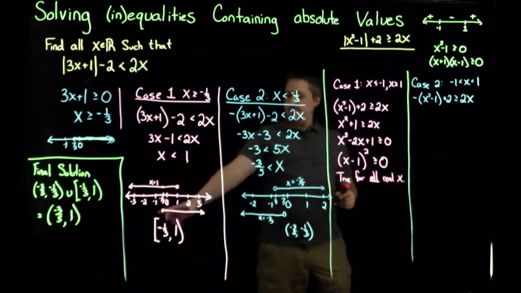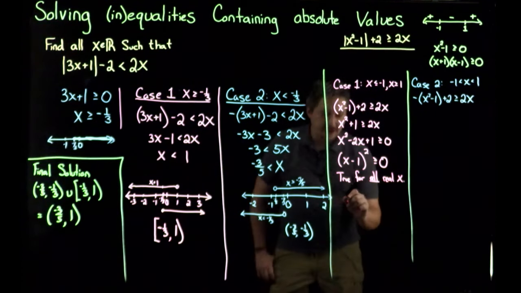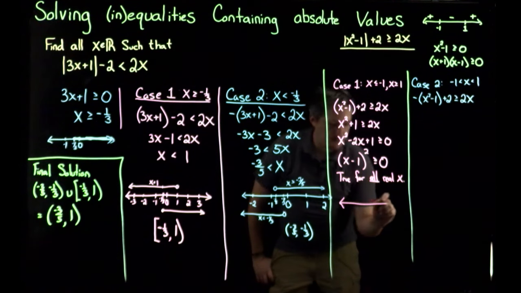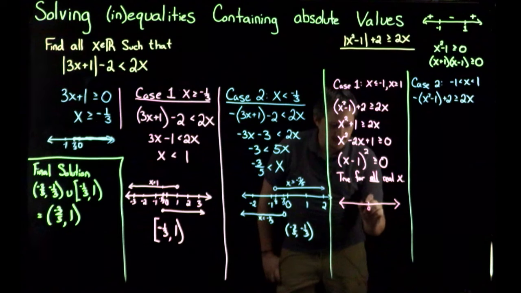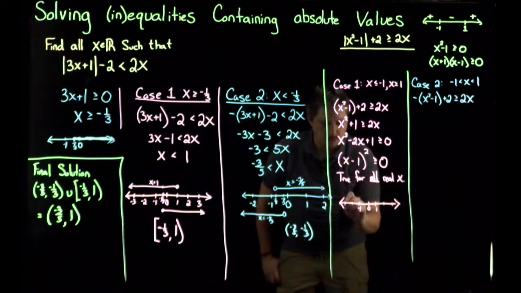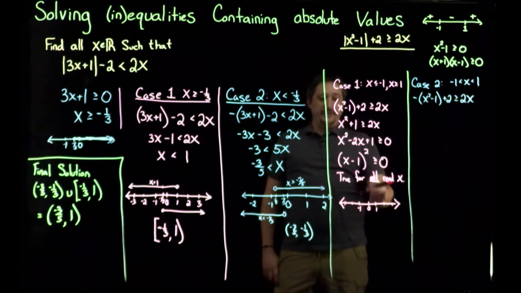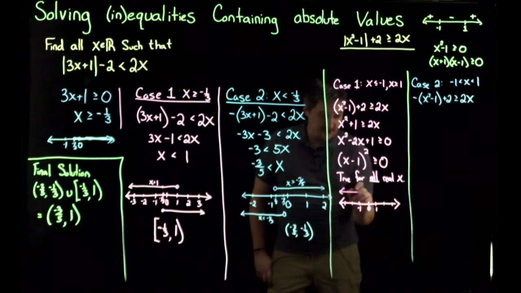So if I'm writing a solution set here, I'm going to have the 0, negative 1, positive 1, and then it's going to keep going. But if I'm putting on the top all of the x that's satisfied here, it's literally all x.